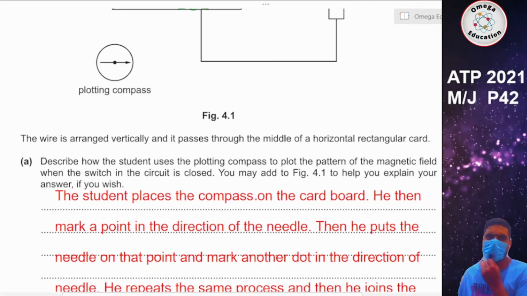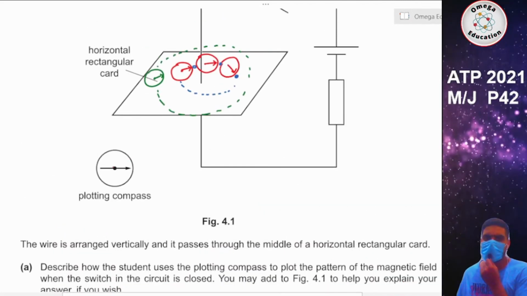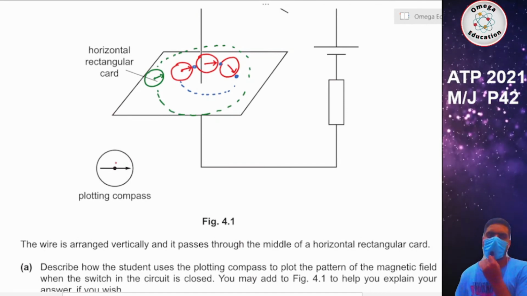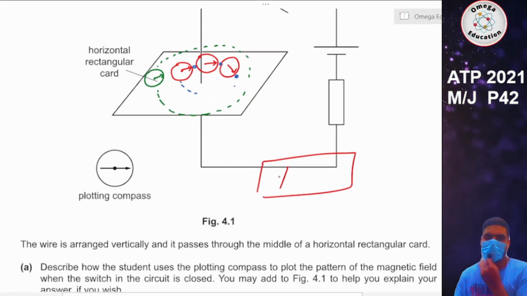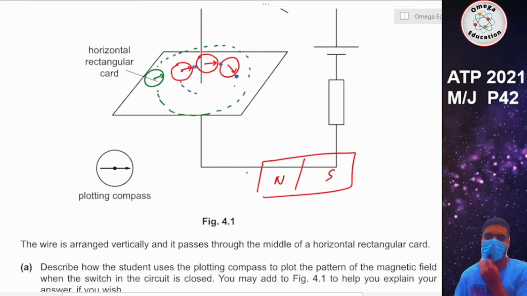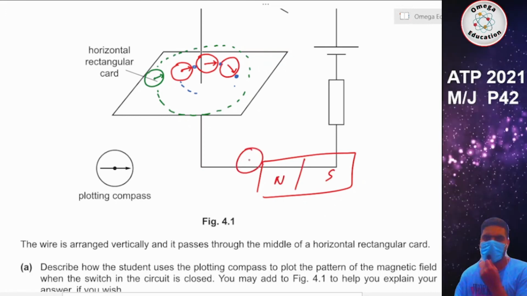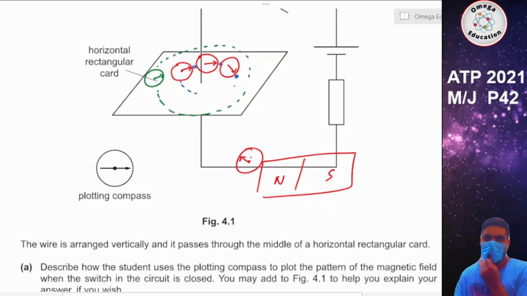The only difference is we place the plotting compass at one corner of the bar magnet. So let's say if this is your bar magnet, North Pole here, South Pole here. We just place the compass someplace over here. The compass would be pointing somewhere.